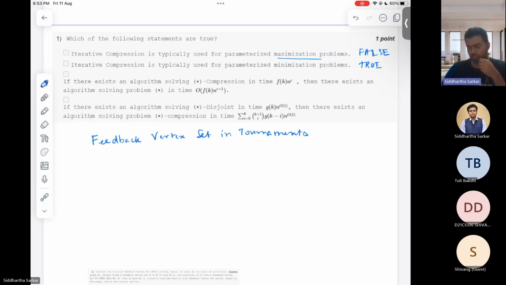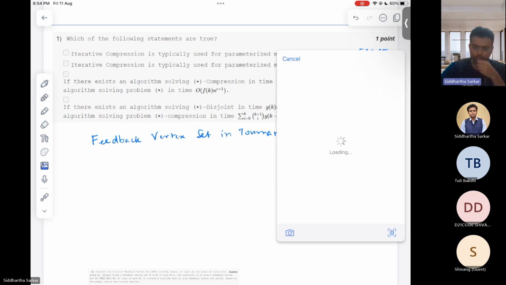For example, in the iterative compression algorithm for vertex cover, we have seen that there is a theorem which says that this is true: if you have a compression technique that runs in this much time, then you can iteratively do it n times and you will get a running time of order f(k) times n to the power c plus 1.